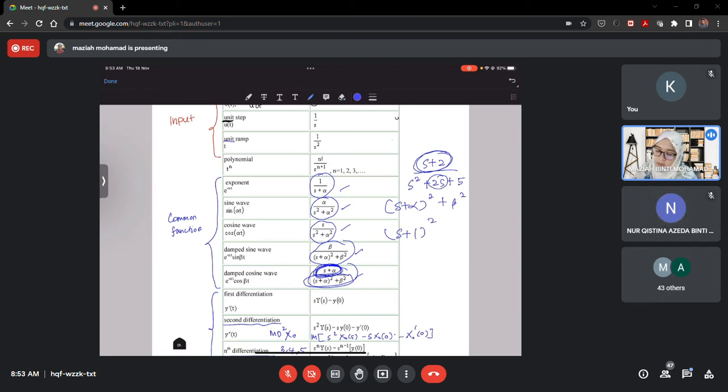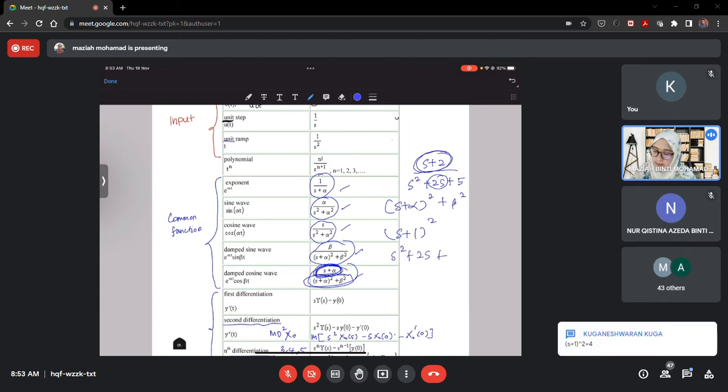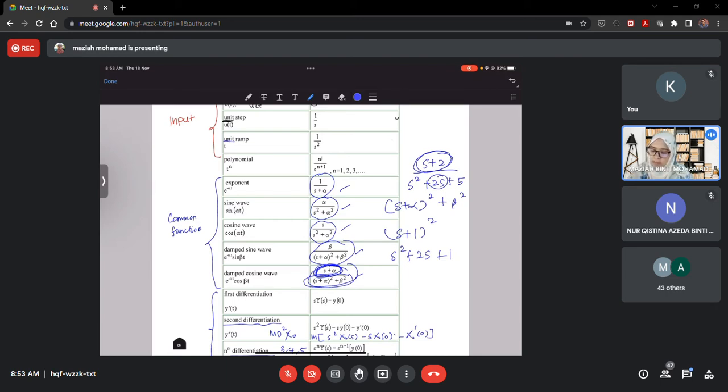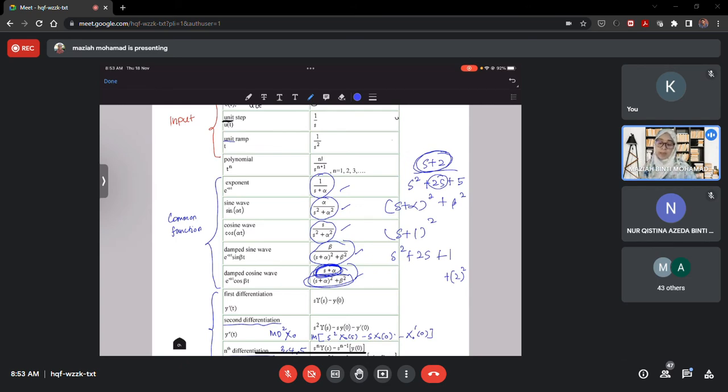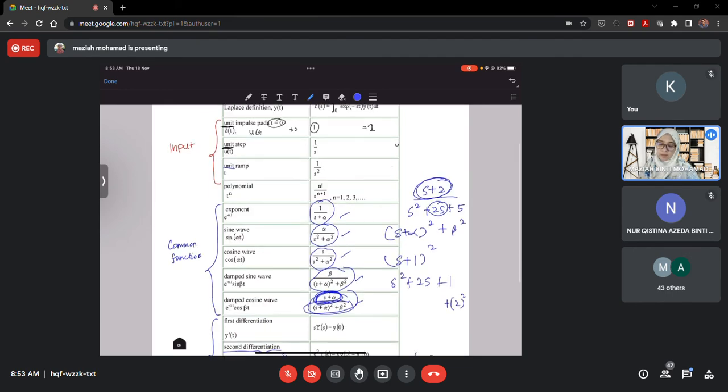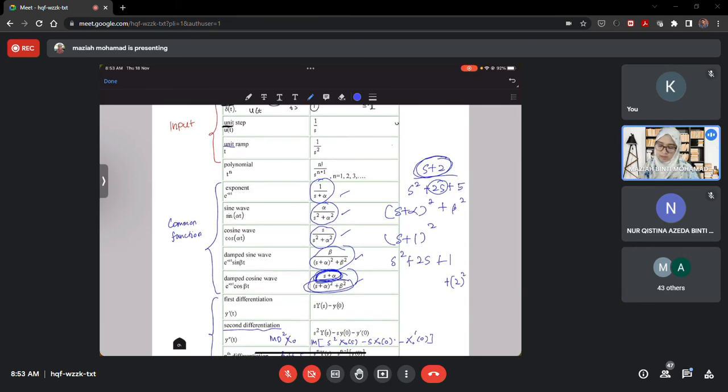S plus 1 square is s square plus 2s plus 1. So for beta, 1 plus 4 is 5, so plus 2 square. Therefore s plus 1 is correct.